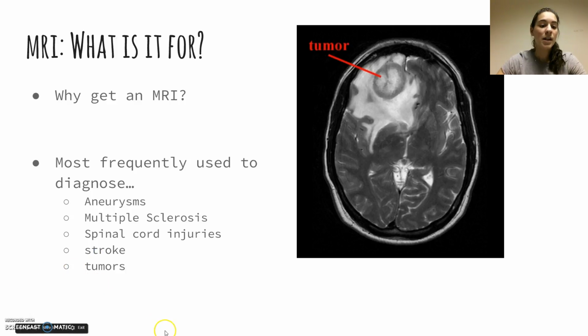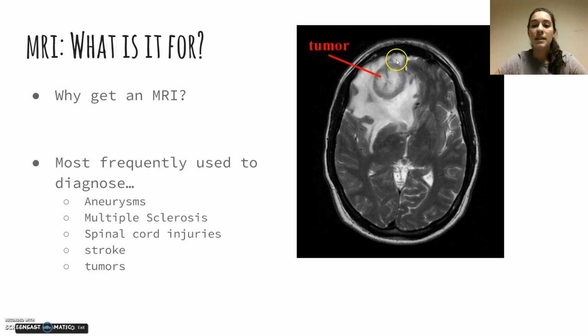What it's for is you'd get an MRI to diagnose if you're having any pains or any issues, and it's most frequently used to diagnose aneurysms, multiple sclerosis, spinal cord injuries, strokes, and tumors.